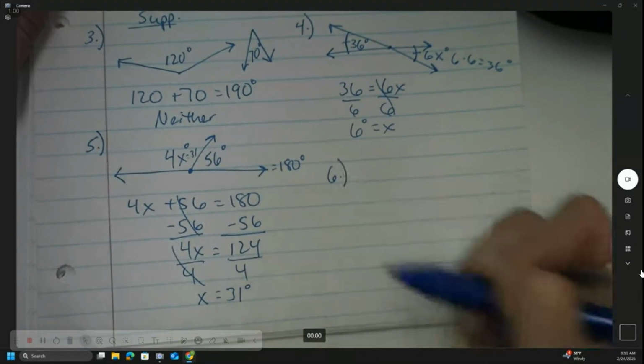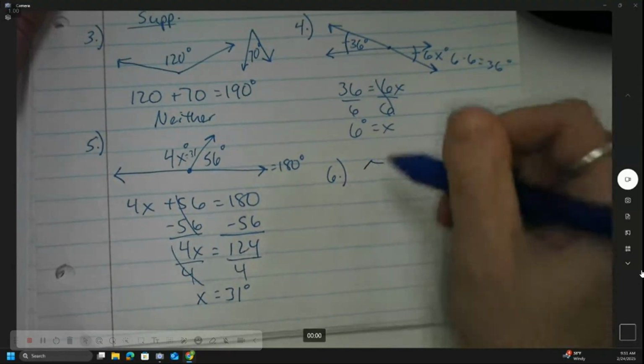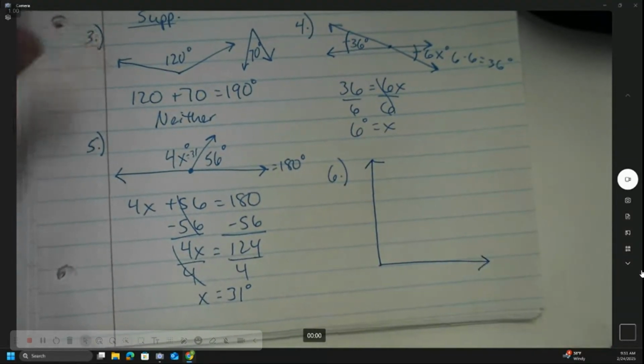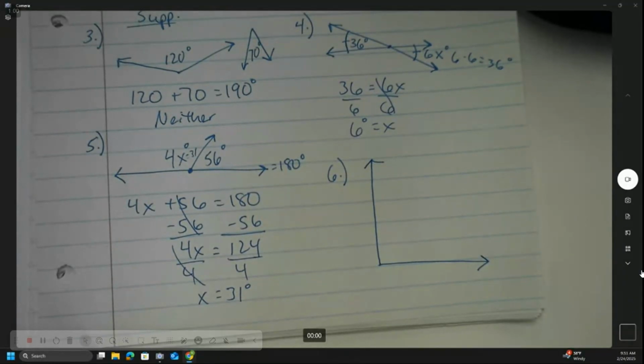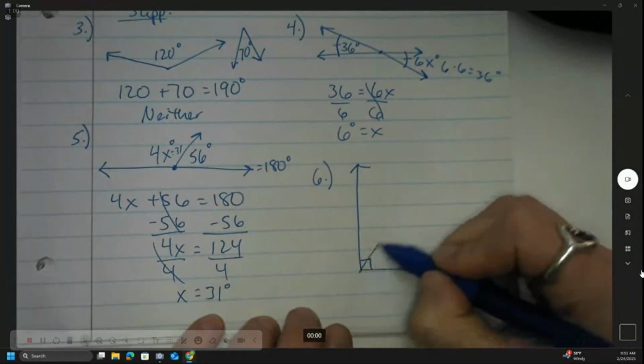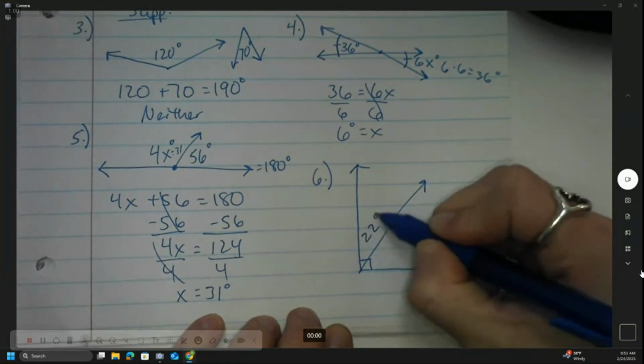Number 6. We're going to end on 6. And it's going to be a right angle. So go ahead and draw a right angle real quick. Draw a little square. I'm going to say this angle here is 22 degrees.